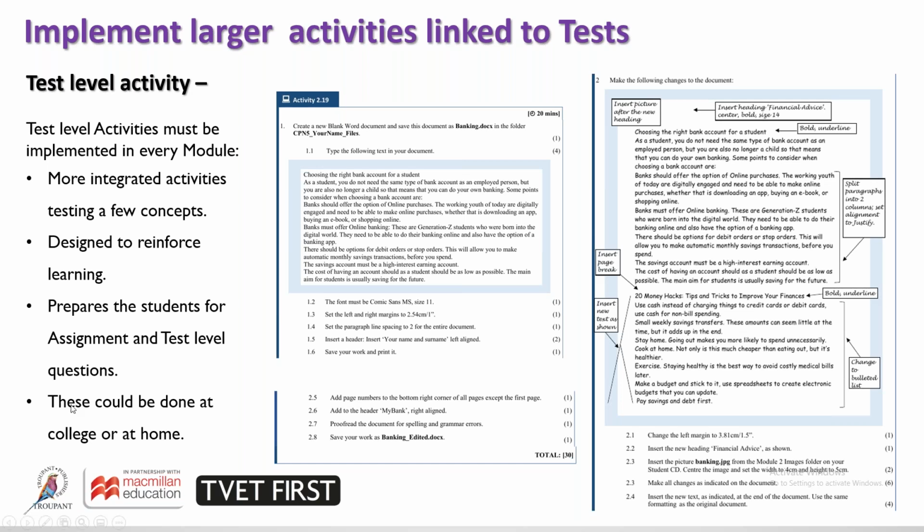These could be done at home, it could be done at college. So obviously you're going to look at your schedule, try and manage yourself, how you actually cover it, right? A lot of lecturers are using a bit of remote assistance where we actually make a little bit of YouTube video, some small videos, and we provide it to the students via WhatsApp, right?